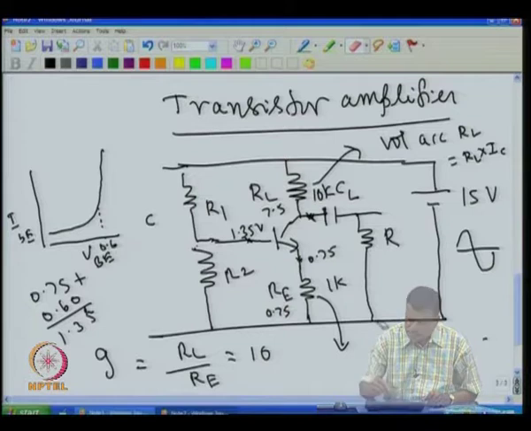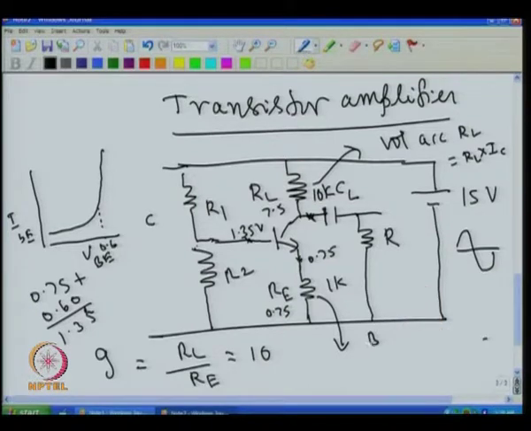Sorry, actually the emitter current is 0.75 milliampere. That means the base current will be 0.75 milliampere divided by 100.